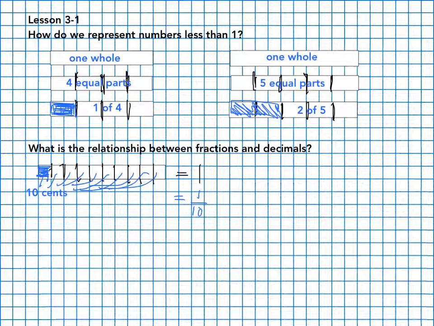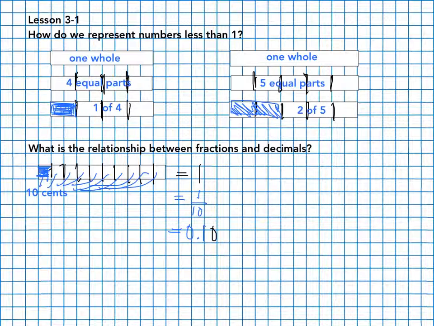And if I want to write this fraction as a decimal, well, it's 1 out of 10, but as a decimal, we look at it as 0.1.